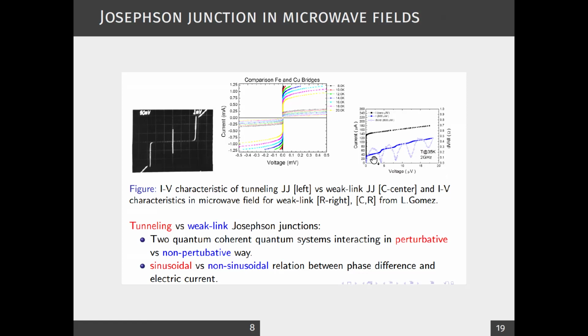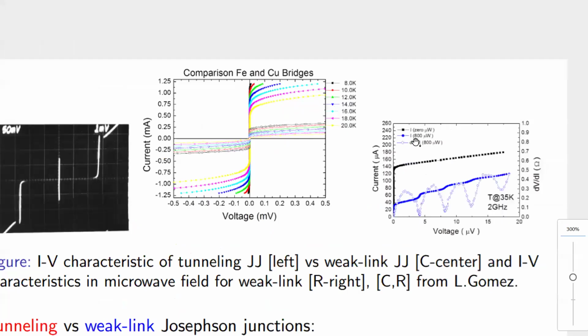Then, instead of the black curve, you see strong blue steps, Shapiro steps. And then you can characterize them by having dV over dI. So you see that they behave basically in that way.